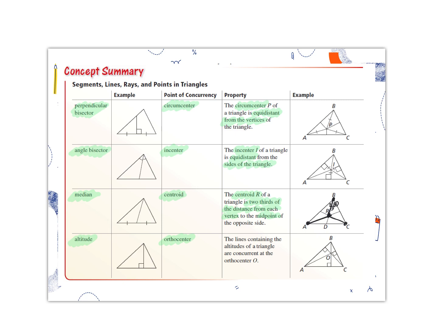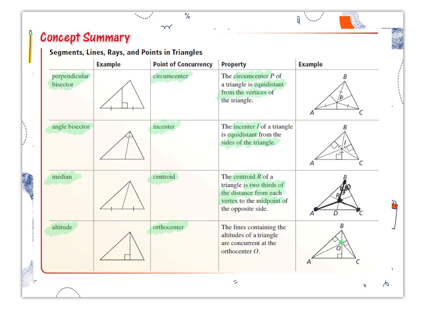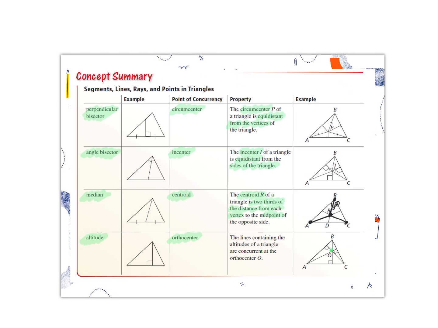And then this last one doesn't really have a formula. If you know you have the orthocenter, it just says that the lines containing the altitudes are concurrent at the orthocenter. So again, it's just telling you that these lines all meet here. And that's it. So that one to me is not as useful for us.